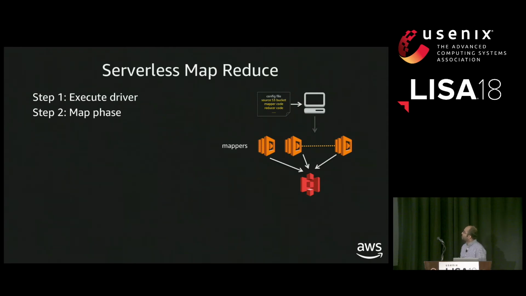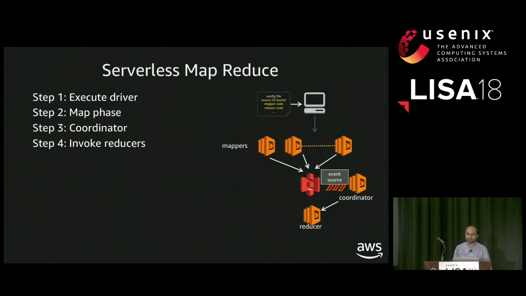And then what this does is it maps each of that to the data that you've given, writes the intermediate data to S3, and the orchestration is done by another Lambda function here that's listening to the mappers that have written to S3. And then once all the mappers are finished, you can now take those intermediate data and run the reducer, and finally have the output in S3.